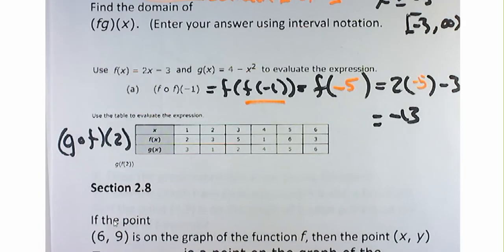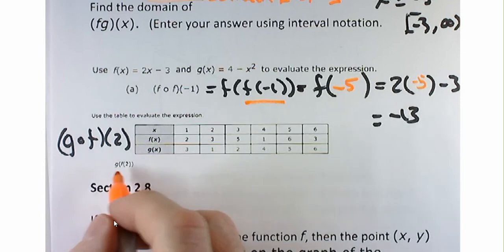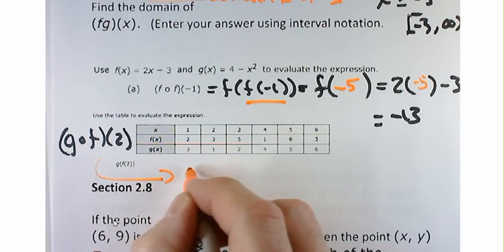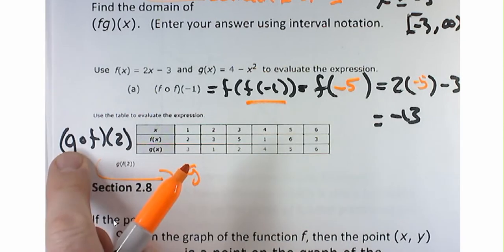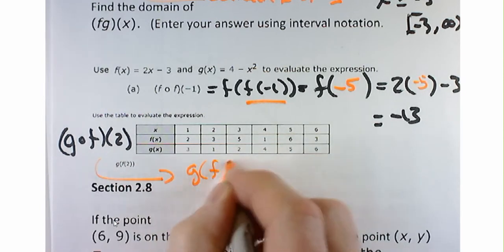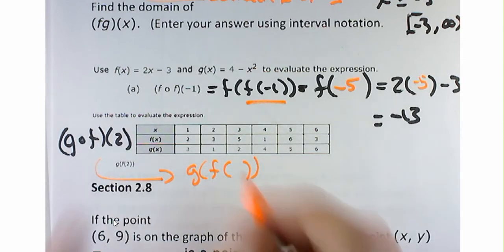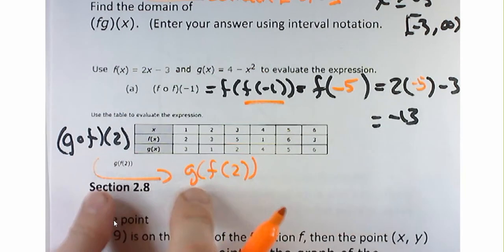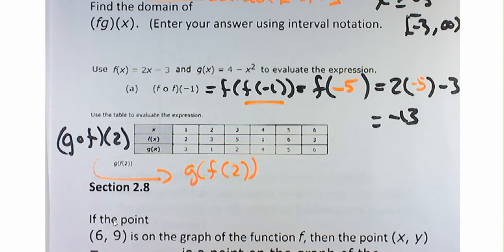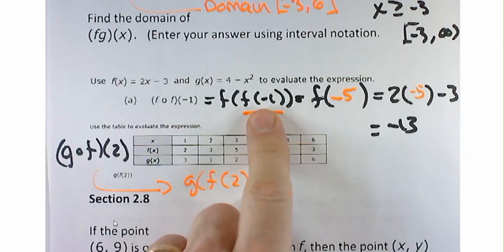Now, a better way to visualize and understand that is this way here, is to think of that as g, the first function, on the outside, of f of 2. And the second function's on the inside. So it's just different notations as far as the way you want to write it. I like this one better because I think students relate to this a little bit easier.